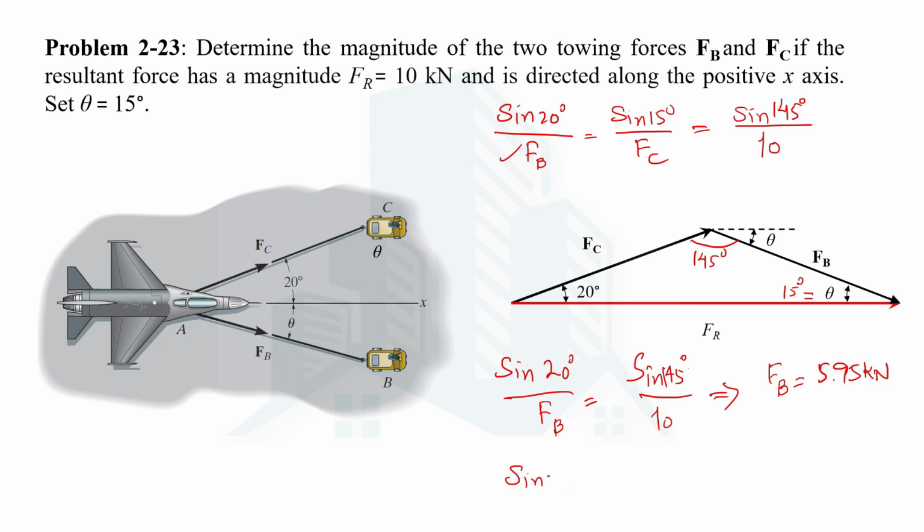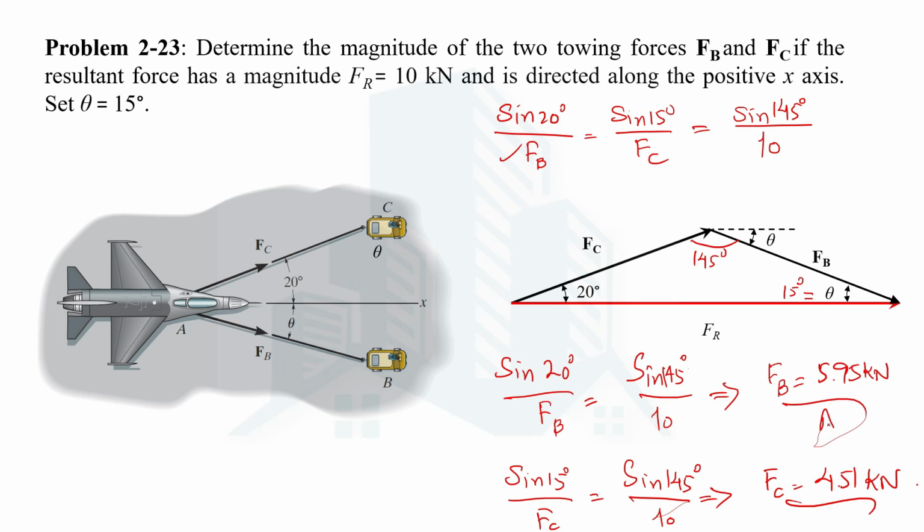The sine of 15 degrees over Fc would be equal to sine of 145 degrees over 10. And from here we can have the value of Fc as 4.51 kilonewton. That's what was asked of us. So we have determined both Fb and Fc.